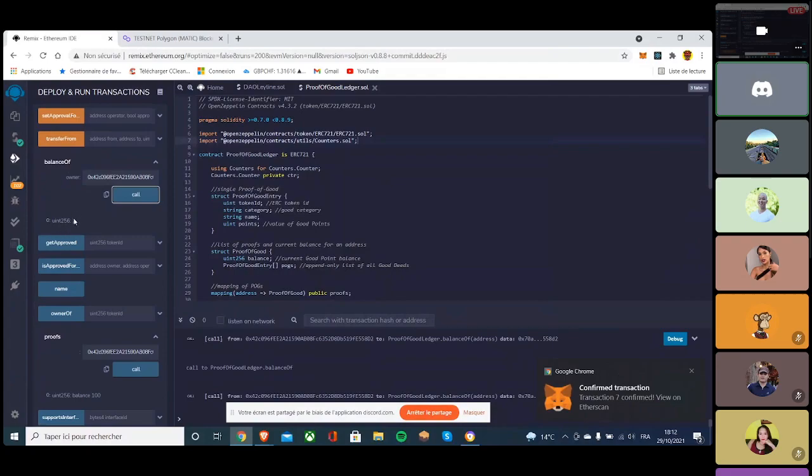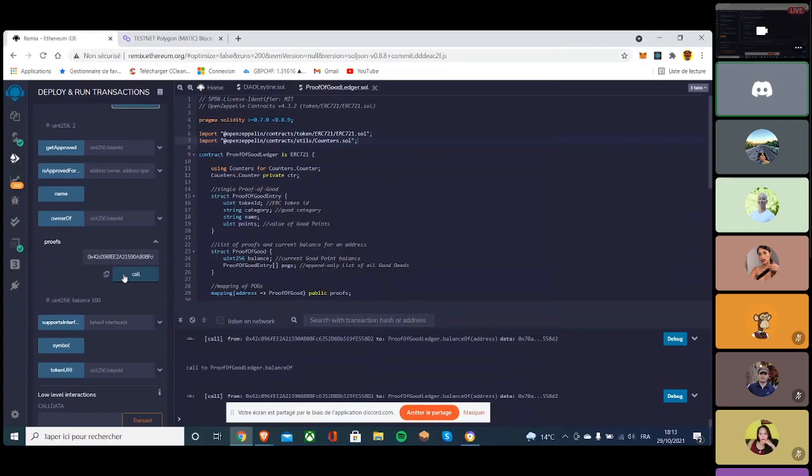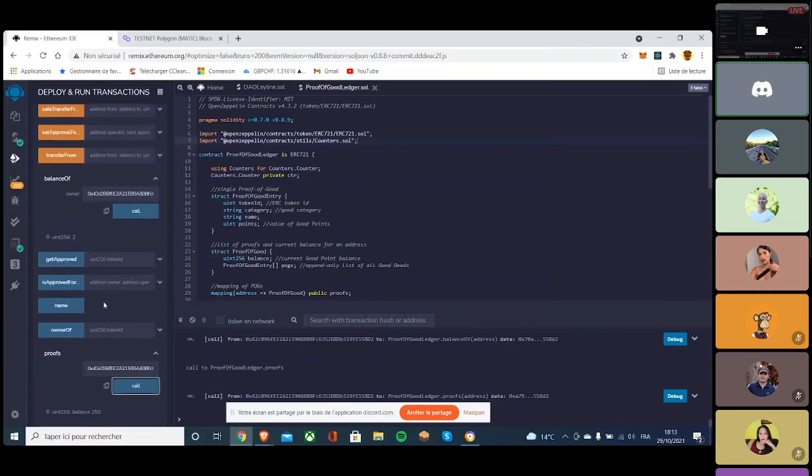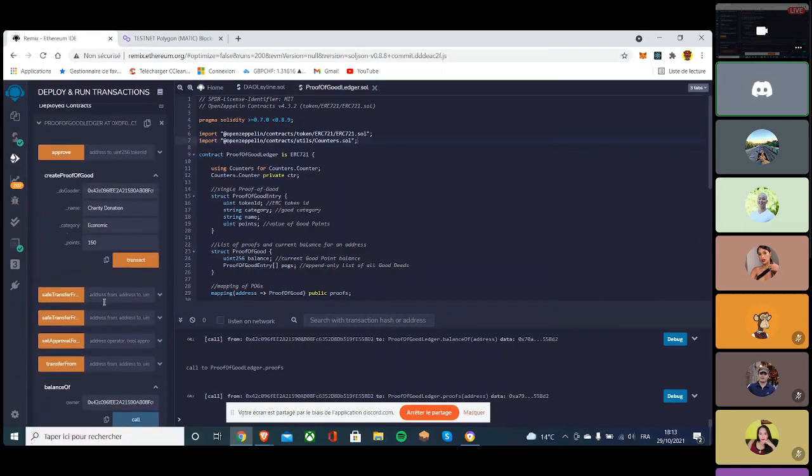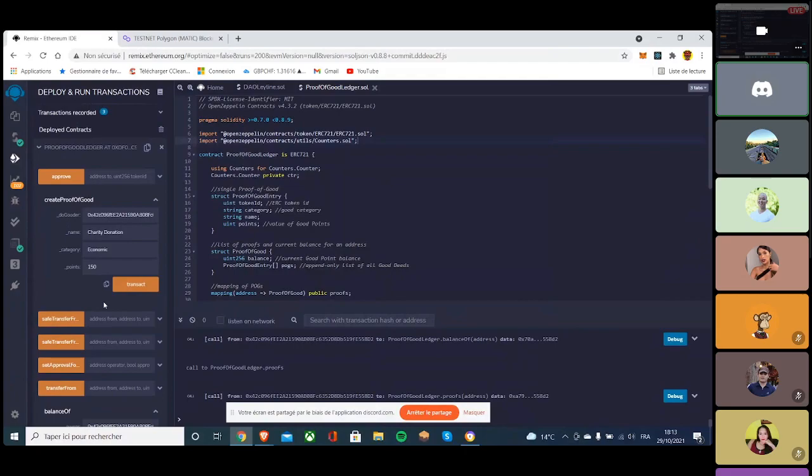If you call it now, you have 2 because that's the number of good deeds you did. And if you call the function here, 250, because here you have the total balance of the good deeds you did before, in points. So yeah, so far that's pretty much what I have for the smart contracts.